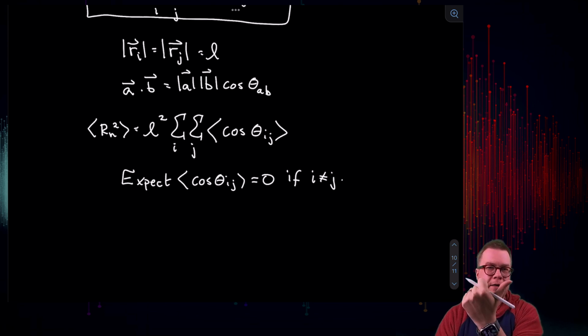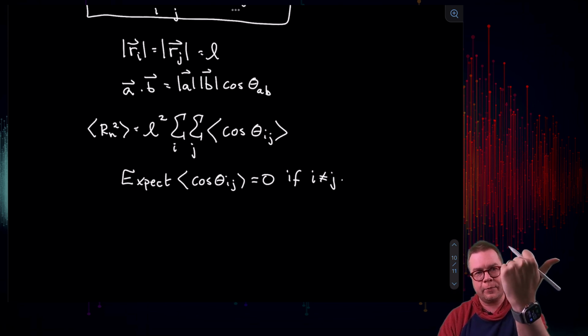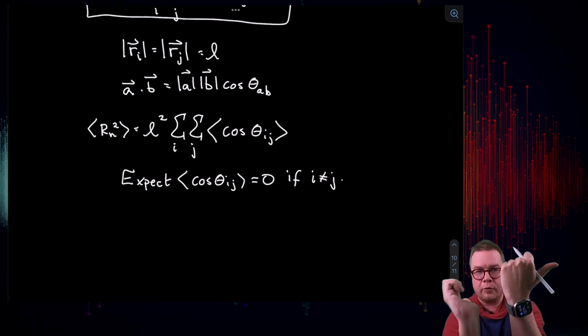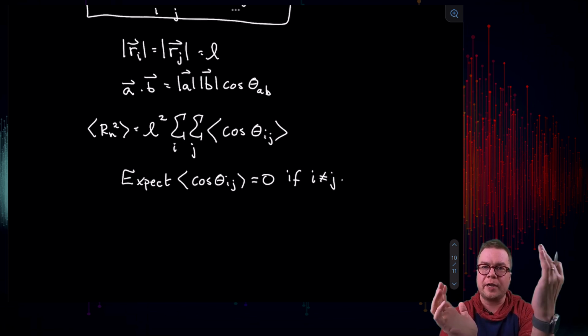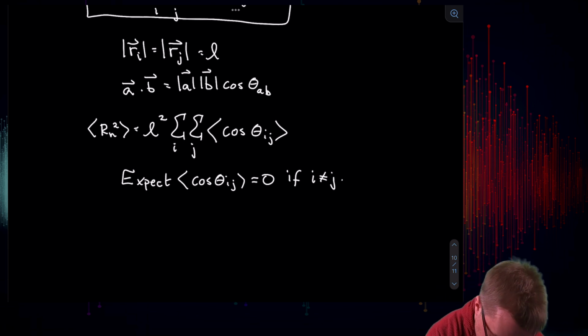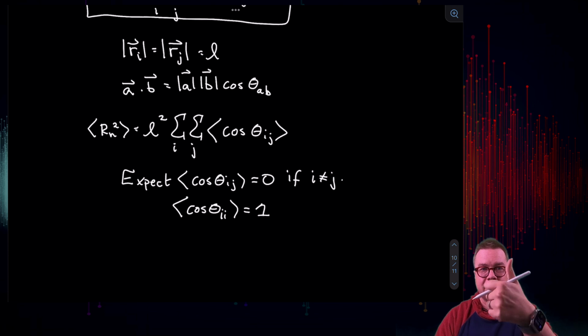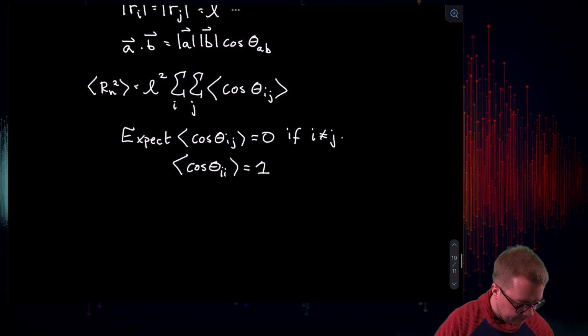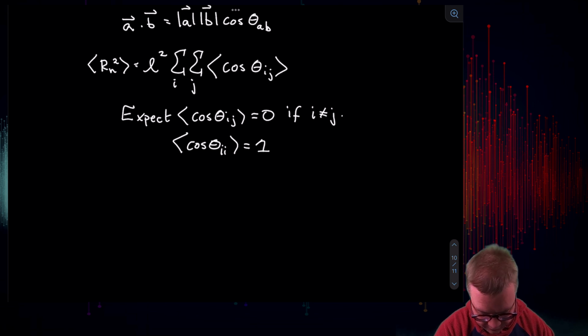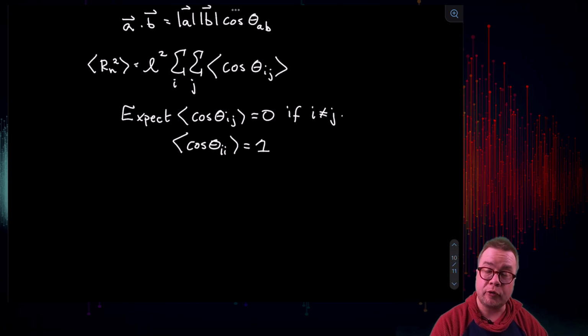So on average, there's going to be a bond vector pointing this way, and the sum of all of the other ones that are pointing in all the other directions will cancel out and we'll get 0. And so we also expect that cosine of theta ii will be equal to 1 because the bond vector is always going to be parallel to itself. So this is what we expect. We could prove it if you wanted.